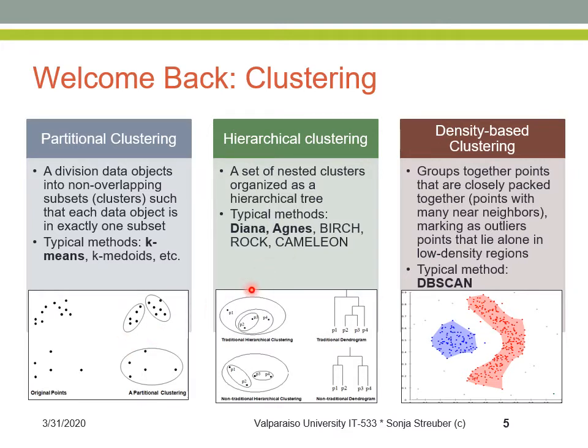It can happen through hierarchical clustering and our dendrograms that we build, typically with either a divisive or an agglomerative approach. And it can happen also through a density-based approach with DBSCAN, which we have explored before.